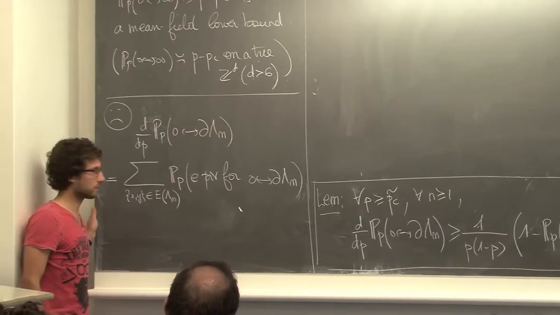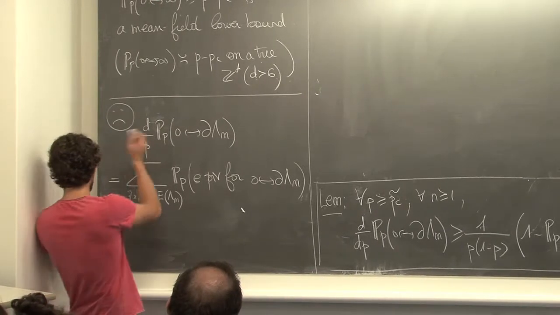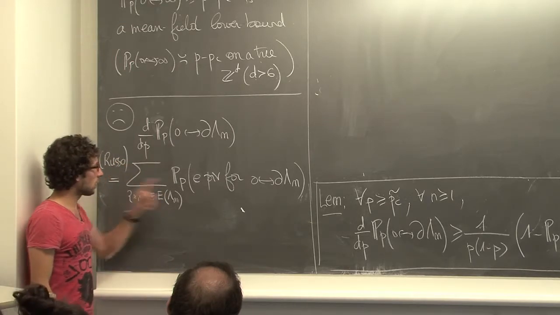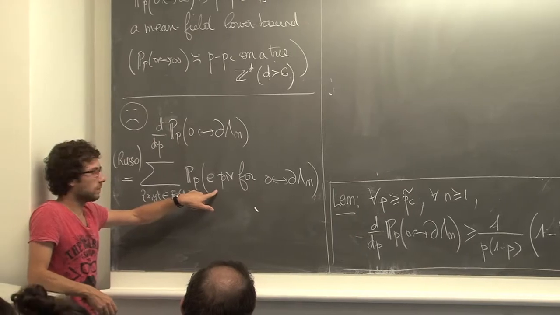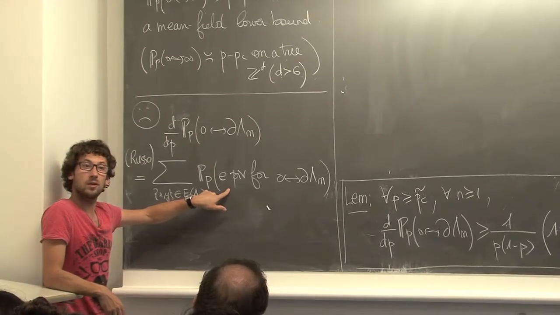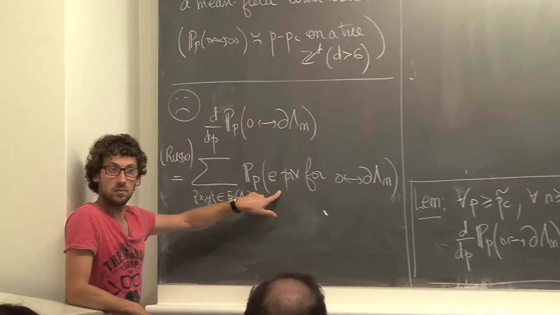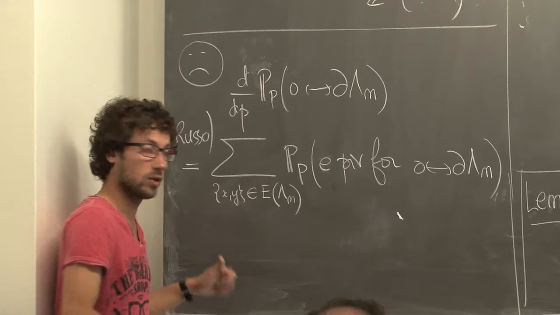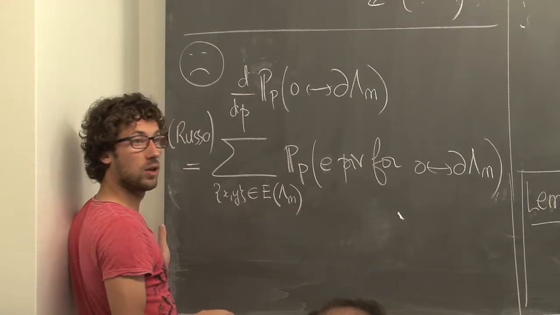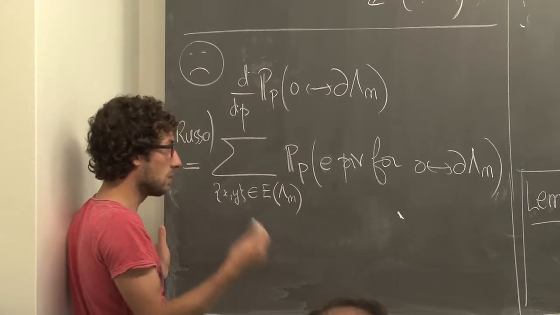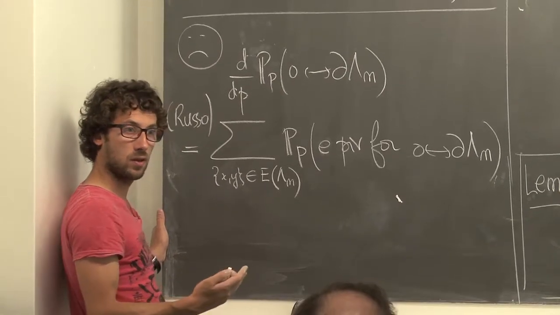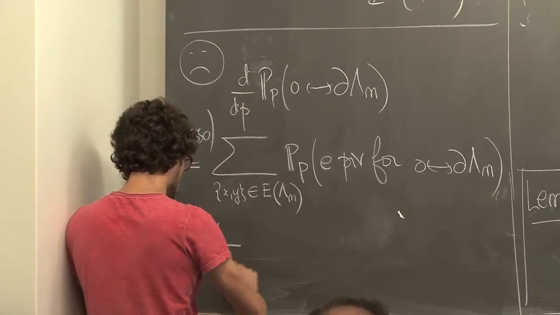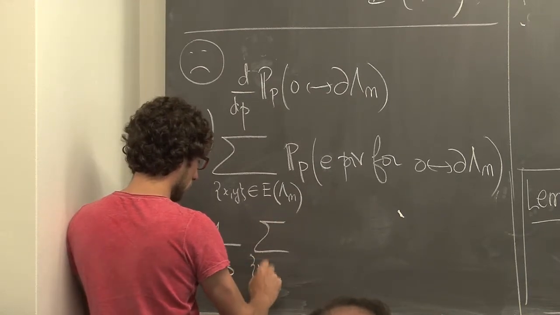This is just Russo's formula. Now, remember also that I told you that being pivotal doesn't depend on the state of the edge e, because anyway you change the state in the definition to check whether you are pivotal or not. So I'm going to force the edge to be closed. Asking that it's closed is like just asking 1 over 1 minus p, sum over the edges.